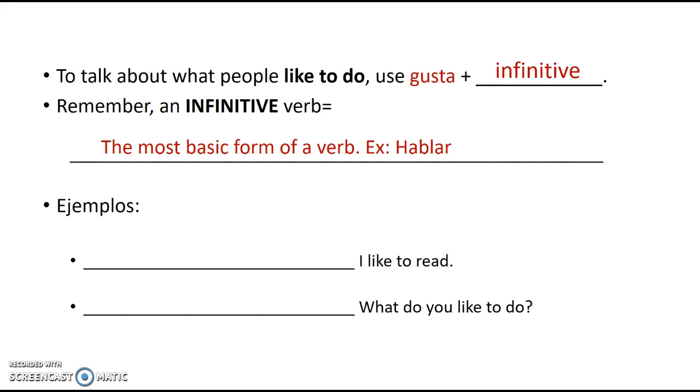When you have an infinitive verb after gustar, it's always going to be gusta. It's never going to be gustan if you're identifying one item. Me gusta leer. What do you like to do? The verb to do is hacer. ¿Qué te gusta hacer?